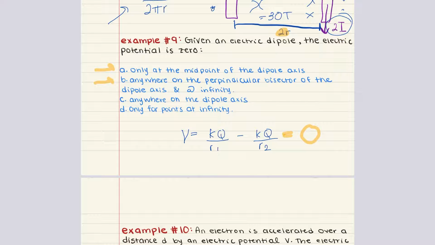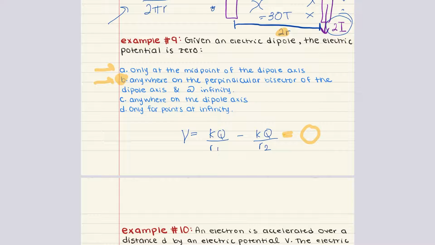This means that anywhere on the perpendicular bisector of the dipole, the electric potential will be zero. Additionally, at infinity, the electric potential due to a dipole also approaches zero because both charges are infinitely far away. So answer choice B is correct. It's actually the correct answer for problem 9, but we're going to work through C and D as well.